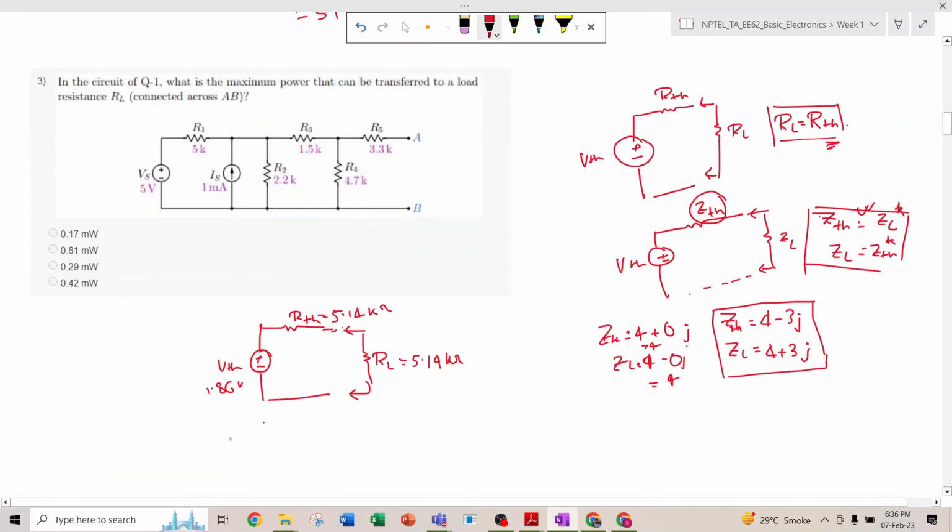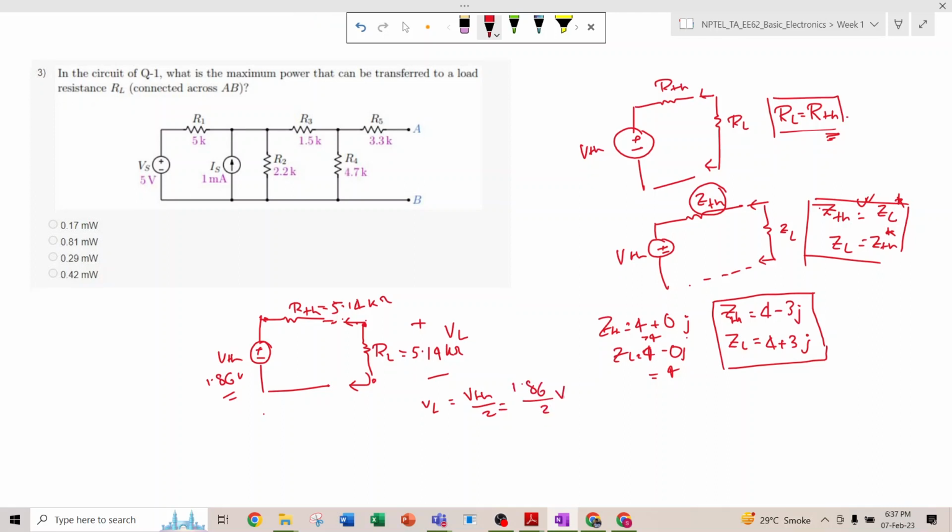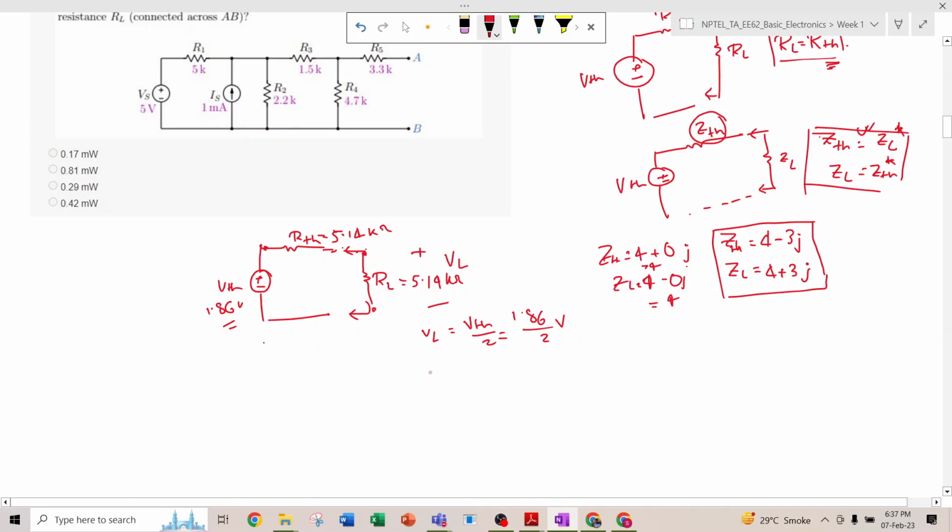Now you can see that this voltage will divide equally in the two halves. Here is one node and here is one node. The drop across RL and the drop across RTH will be the same. So you can measure VL easily. VL is nothing but VTH by 2, that is 1.86 divided by 2 volt. And the power through RL is nothing but voltage square divided by resistance.